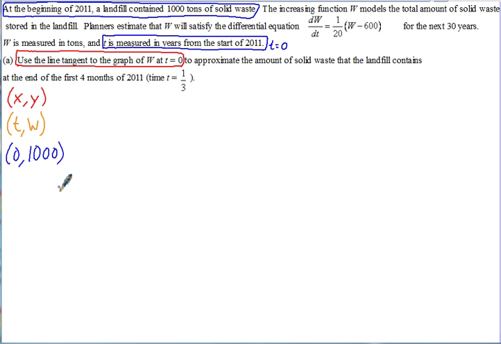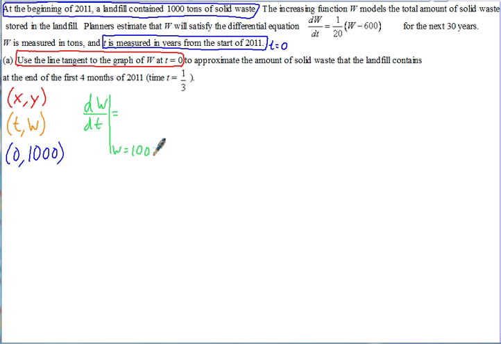So the other thing we need is our slope. And the slope comes from right here. Here's the derivative, dw/dt. Specifically, normally you'd say t equals 0 and w equals 1,000, but notice there's no t in our derivative here. So that's what makes it a little different.